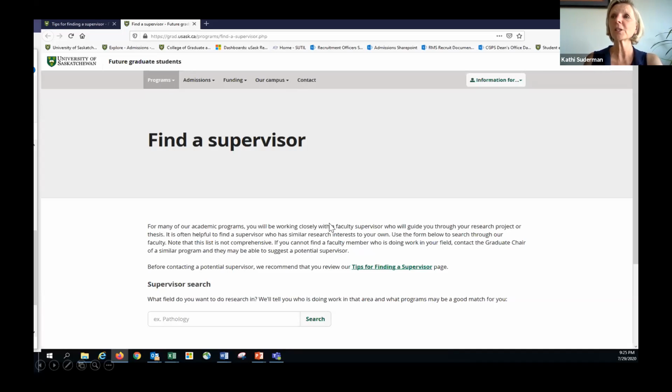It's simply called Find a Supervisor, and this allows you to do a supervisor search. You would type in the type of research that you want to do and click the search button, and you would be given information as to which faculty in a university are doing work in those particular areas, as well as the programs that might be a good match for you.